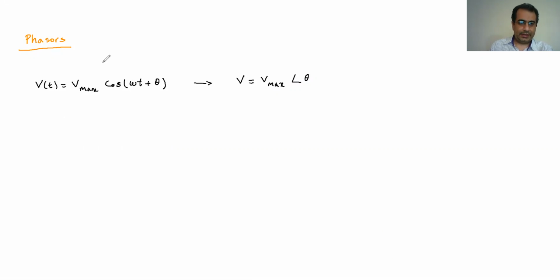If we have the sinusoidal wave, like the cosine wave written like that, then we say that the phasor of that cosine wave is the Vmax, which is basically this peak here, the maximum value, which is also the amplitude, and the angle of theta, the phase that we have here. So this is how we do that.